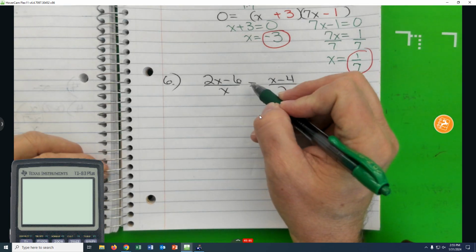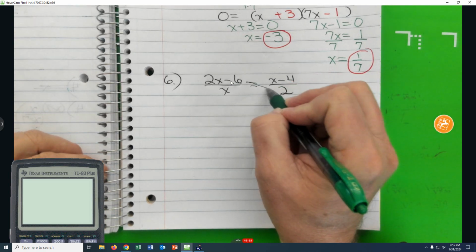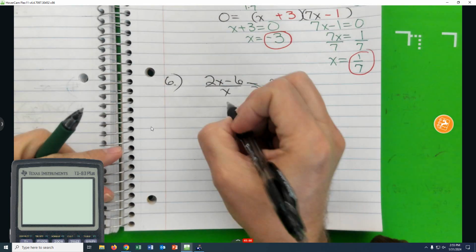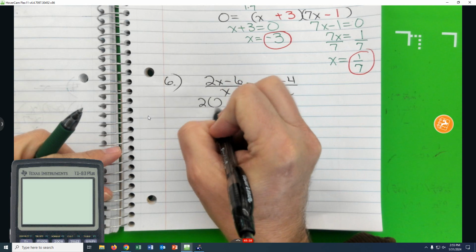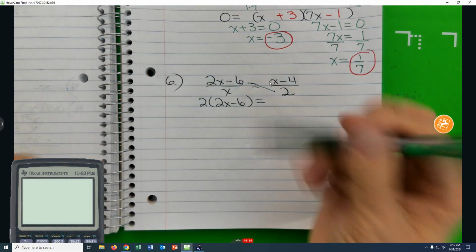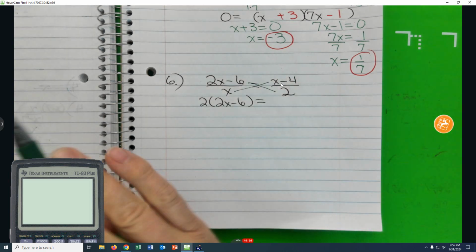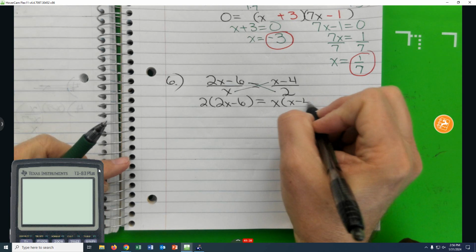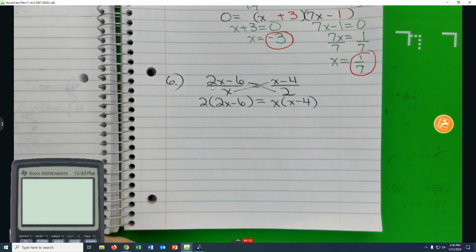You take 2x minus 6 times 2. We should have distributed. I'm going to write it out. 2 times 2x minus 6 equals, and then you take the x times the x minus 4. Do I remember doing cross multiplication somewhere? If not, then you're seeing it right now.